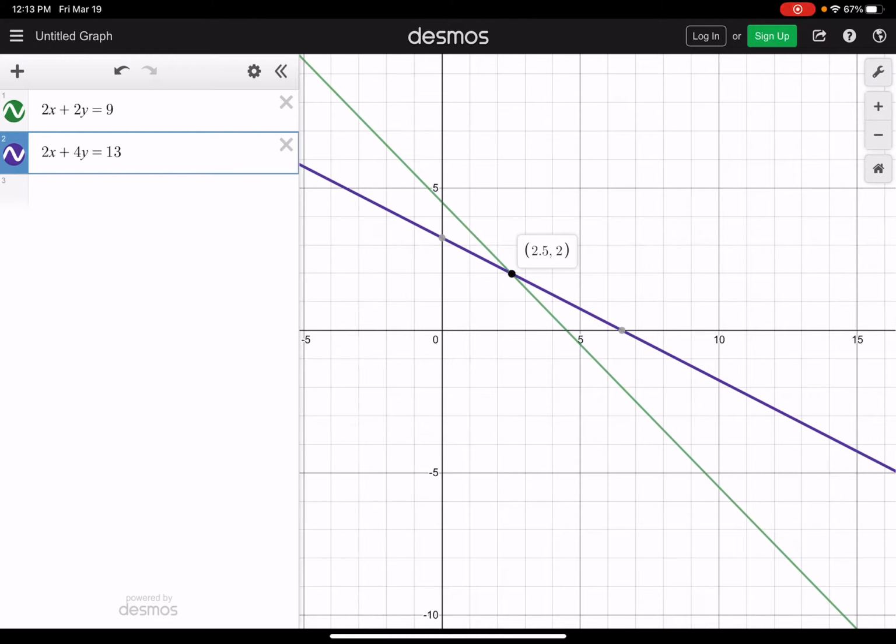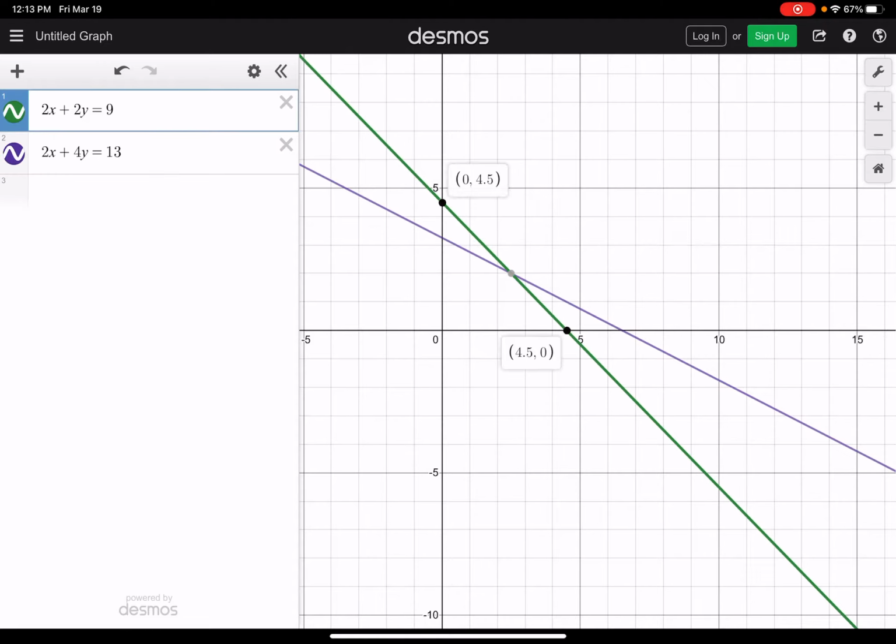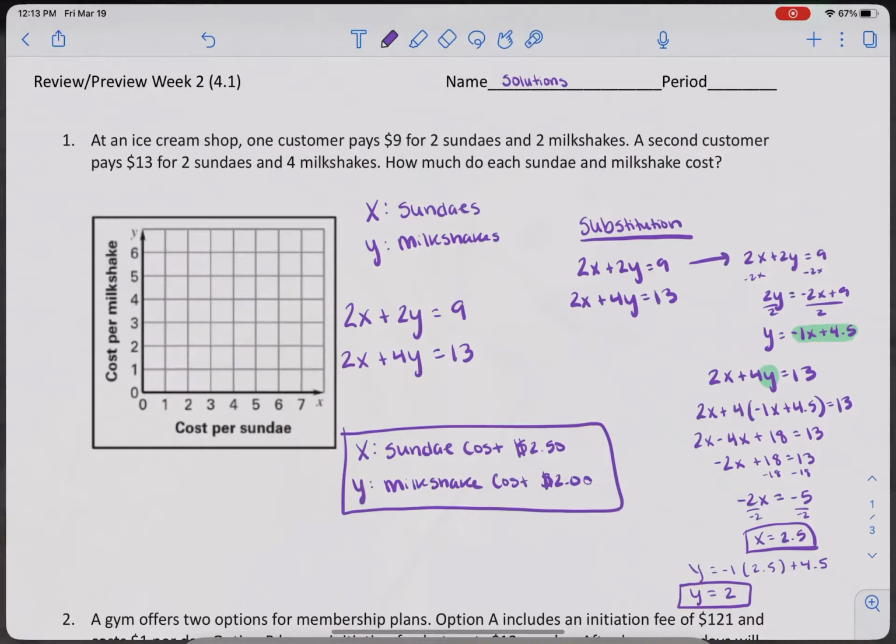But when I'm looking at this, I do see some pieces that we could graph as well if we just wanted to use the graphing method only. We've got parts where they intersect on the x and y axis, and we can see where they intersect with each other. So I can go ahead and do just like a little sketch of that as well.